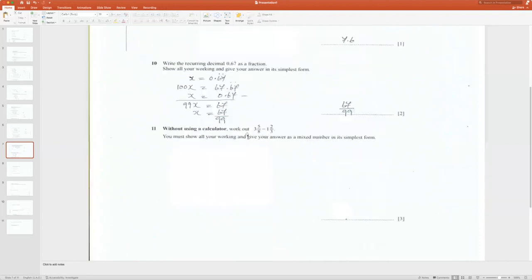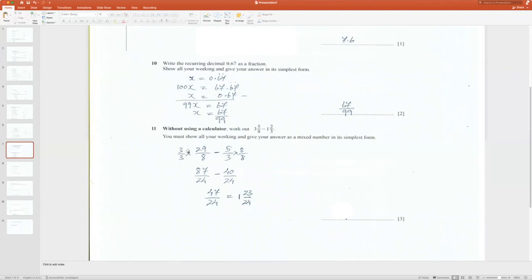Without using a calculator, work out this value. So we know this now. This mixed number we can write as 8 times 3, 24 plus 5, 29 over 8. This one, 3 times 1, 3 plus 2, 5 over 3. So then the common denominator. We multiply this by 3 and this by 8.